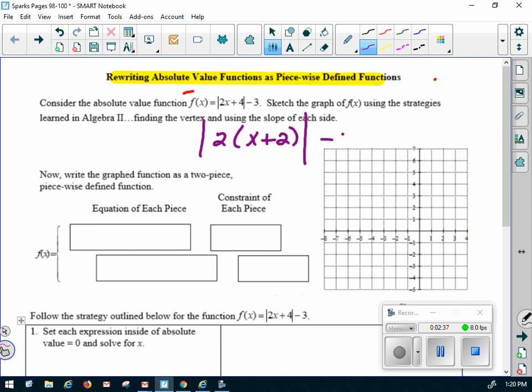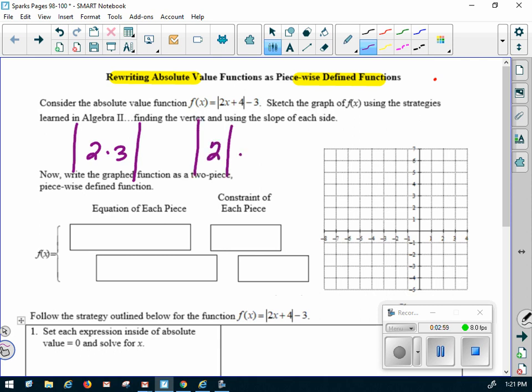Good. Now, here's my question to you. Take a look at that. I don't have enough room. The absolute value of 2 times 3. Is that the same as the absolute value of 2 times the absolute value of 3?